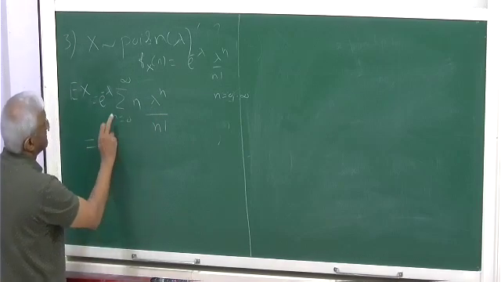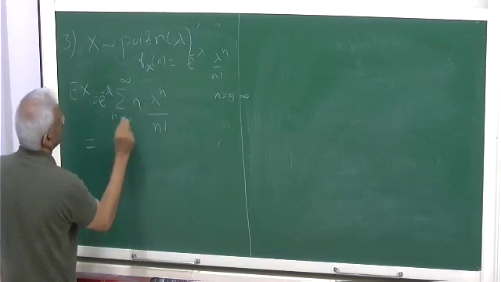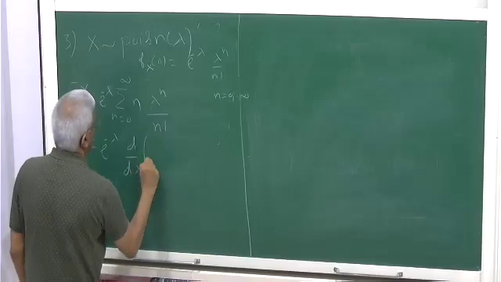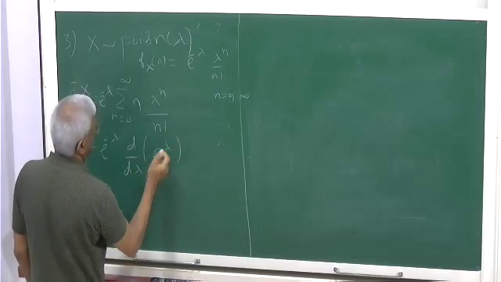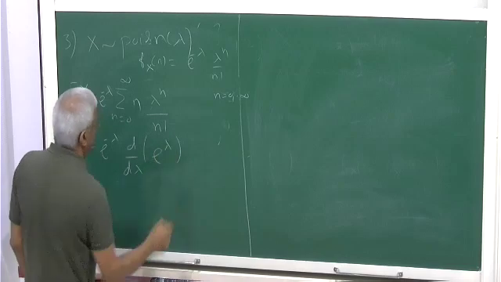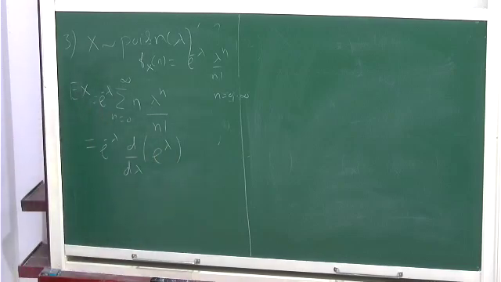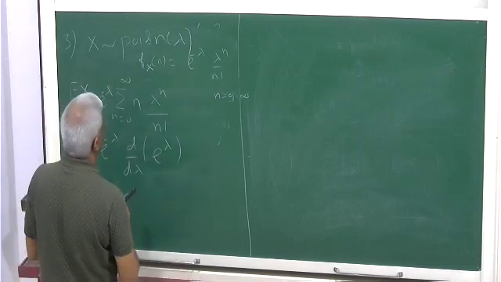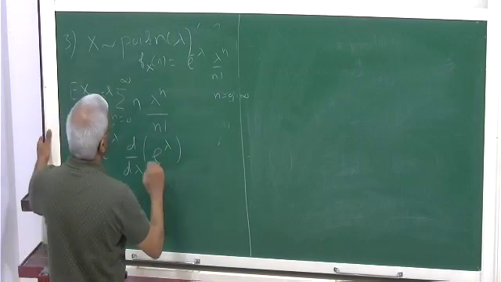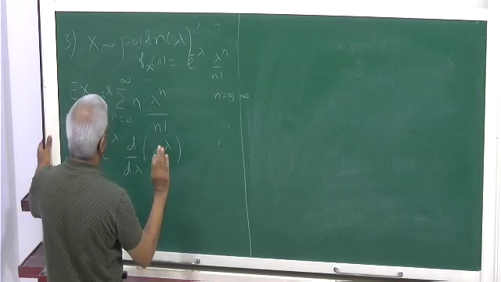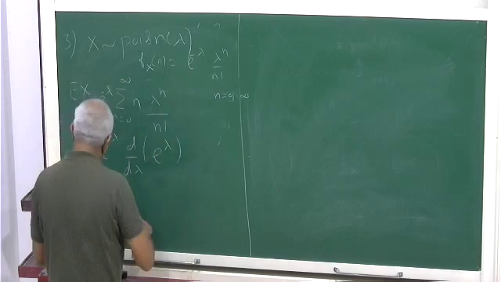But then this is just e power minus lambda, d by d lambda of e power lambda... no, lambda times e power lambda. Sorry, there is a lambda outside.